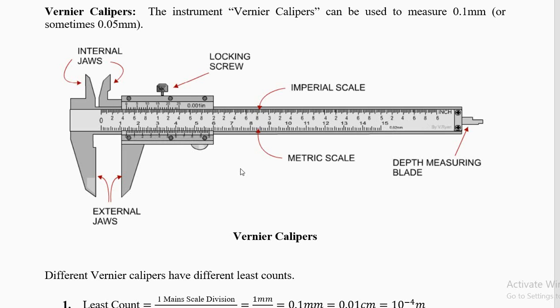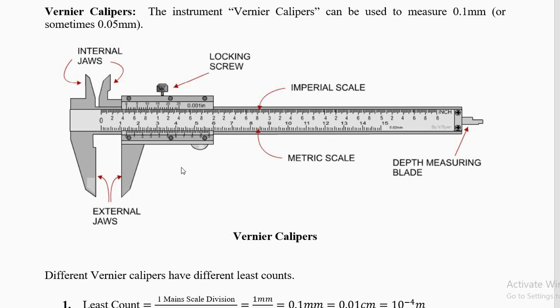There are other advantages of using the vernier caliper. What are they? You have the external jaws. This will help you to measure the outer diameter of a rod, of a bottle, or of a pipe. The rod does not have an internal diameter, but the pipes have, the bottles have. So the internal jaws will help you to measure the internal diameter.